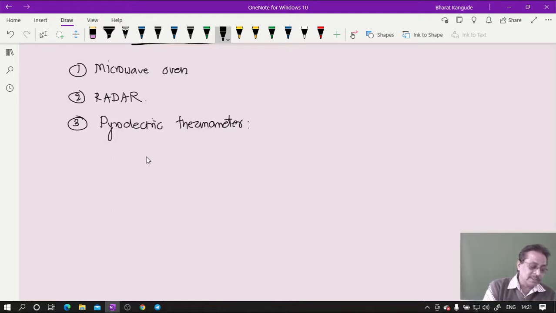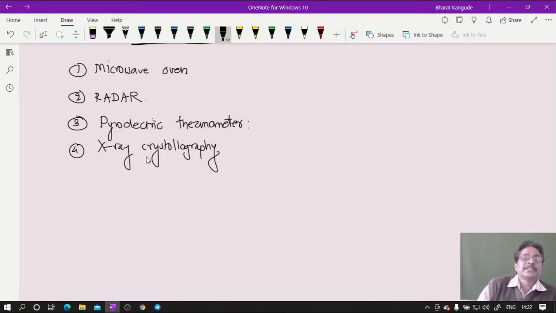The next application which we are going to discuss, just a minute, is X-ray radiography or crystallography.